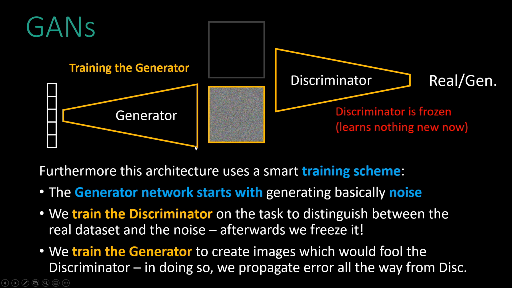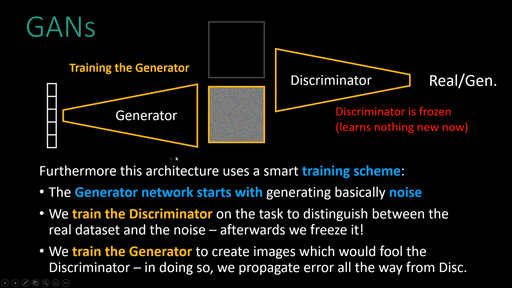And then we will start training the generator. And with the discriminator frozen, so it means that it's learning nothing new, we will try to teach the generator to make images which look less like the noise, but look more like anything that would fool the discriminator into assigning them with a real class.